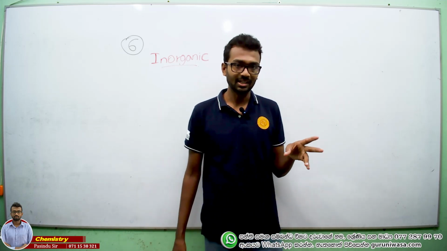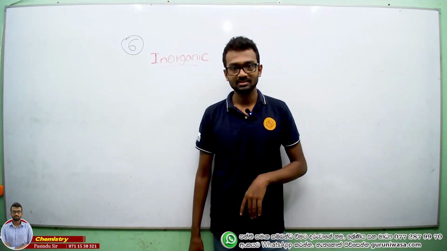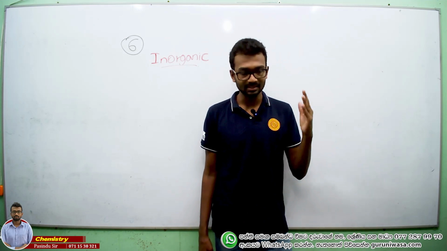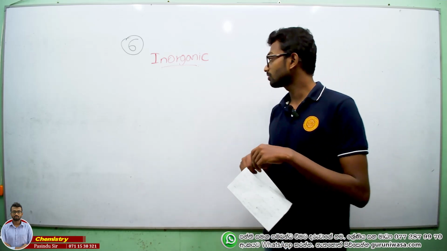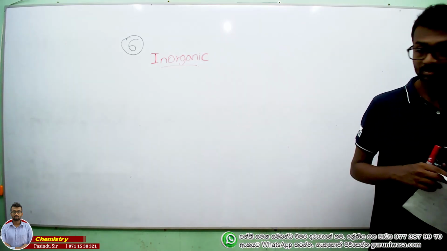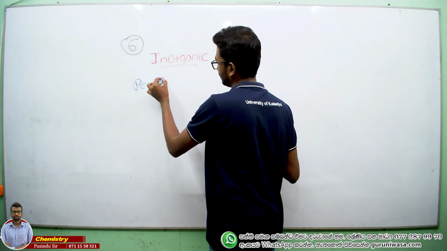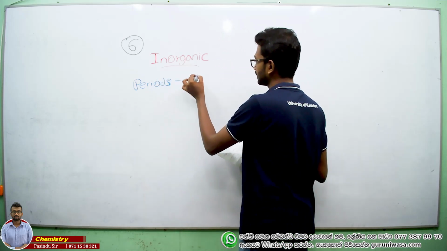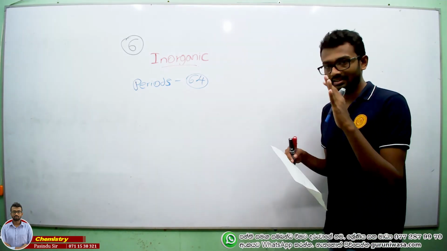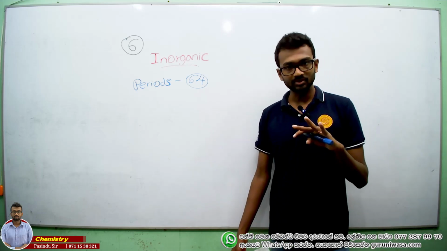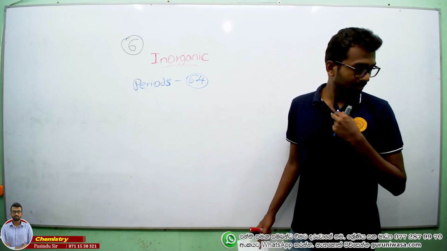I will explain using time allocation. The number of periods in the previous lessons was around 30 to 40, but this one has 64 periods. So you can get a rough idea about the size of the lesson. That's why I give the number of periods.